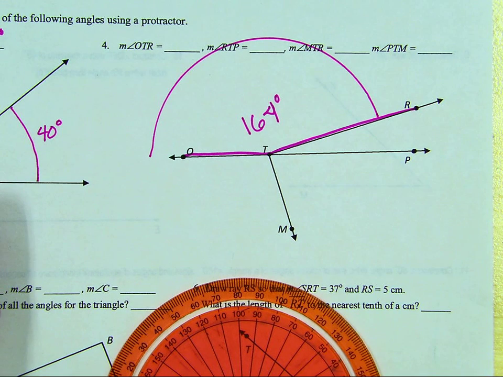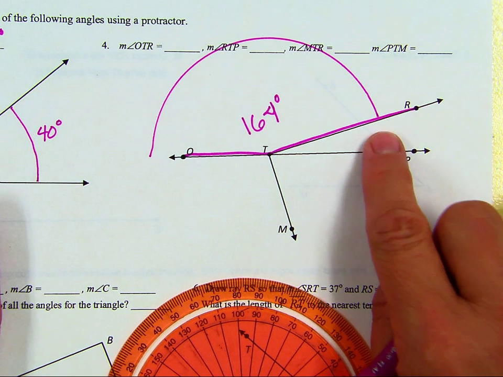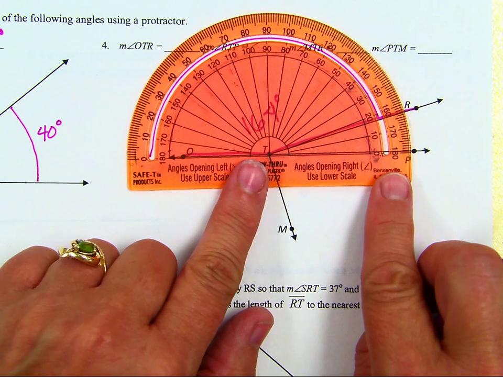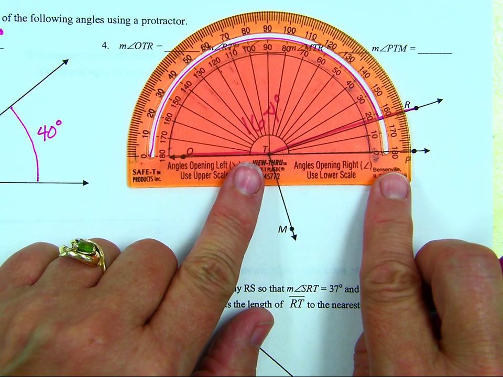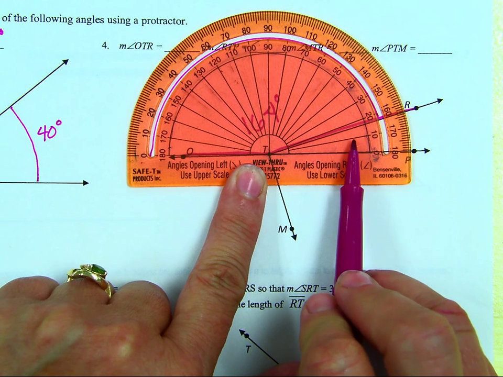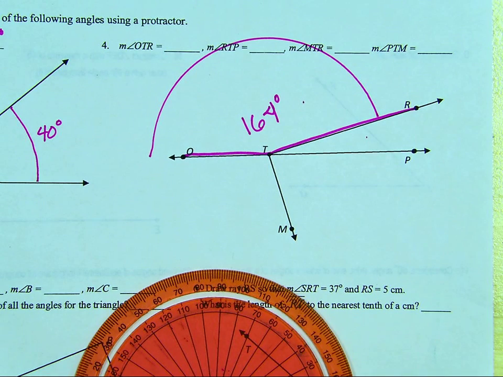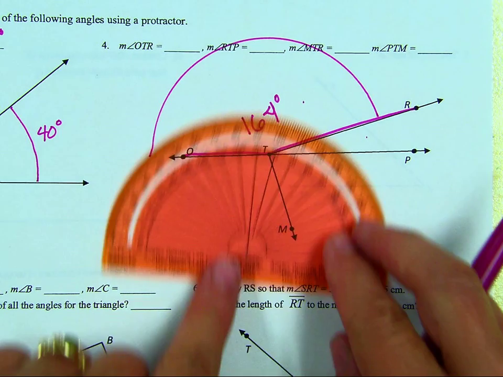Okay? So now when I go to measure this angle, I have to be careful because I rounded. I chose the 164. What has to be true about this angle and this angle? They have to add up to equal 180 degrees.